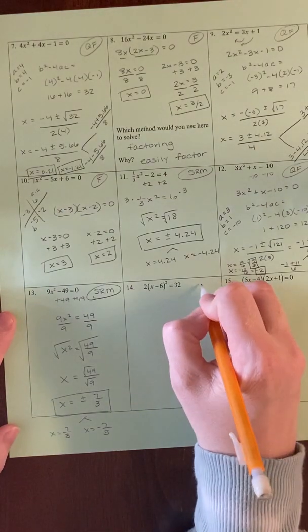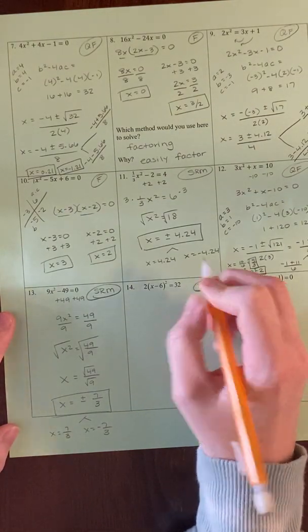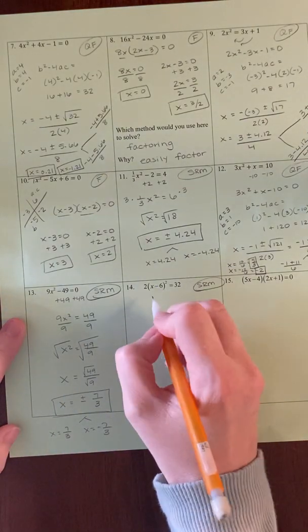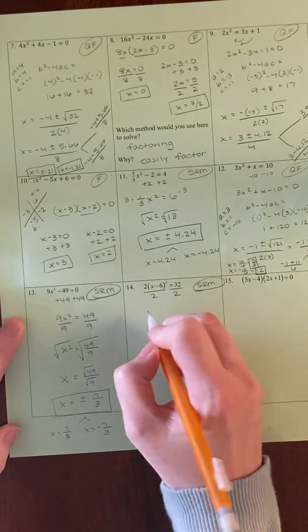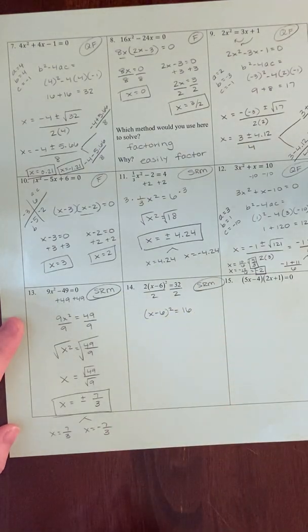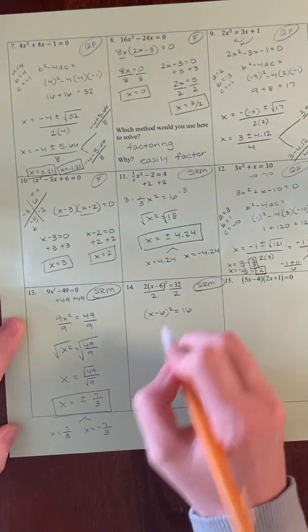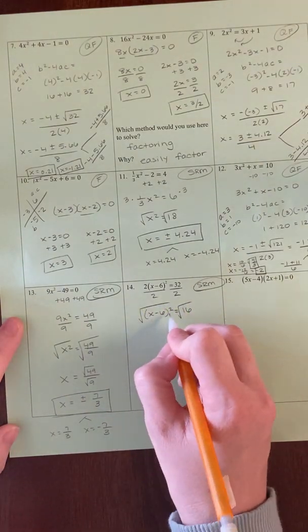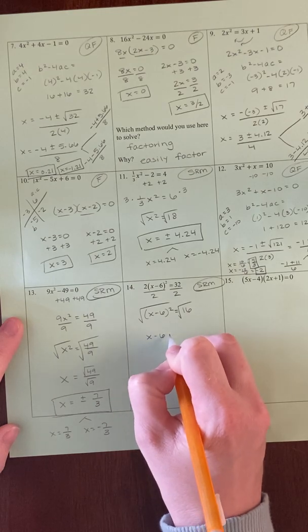For 14, I'm also going to do square root method because it has this grouping symbol, a set of parentheses squared. I'm going to isolate that by dividing both sides by 2. So I have x minus 6 squared equals 16. Now that I have that squared piece isolated, I'm going to take the square root of both sides. The square root of x minus 6 squared is x minus 6.